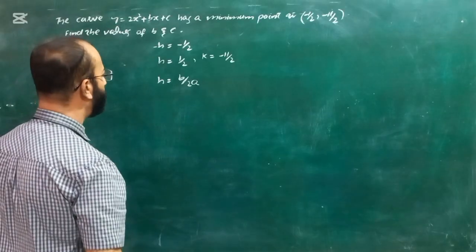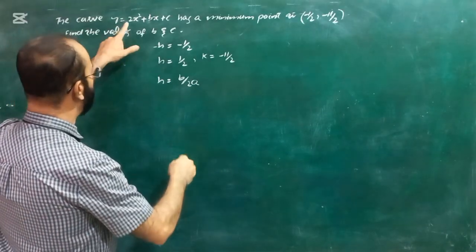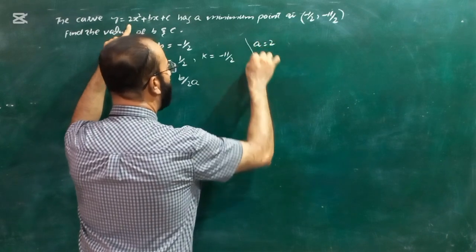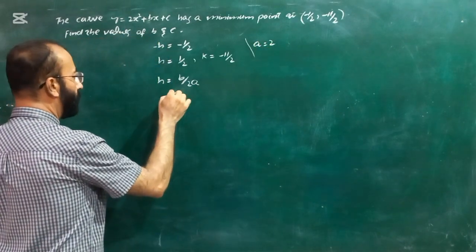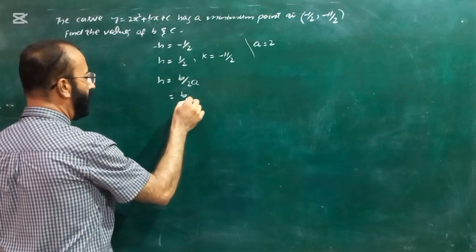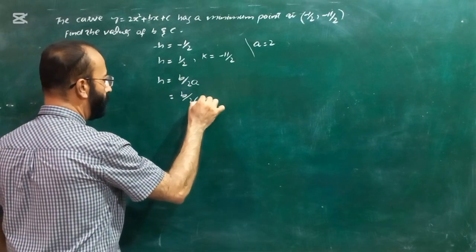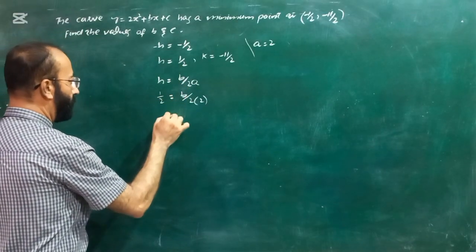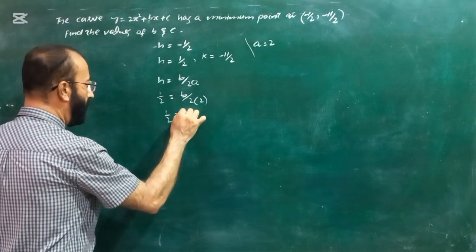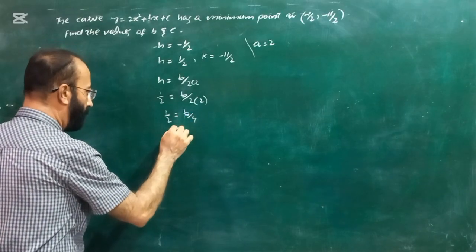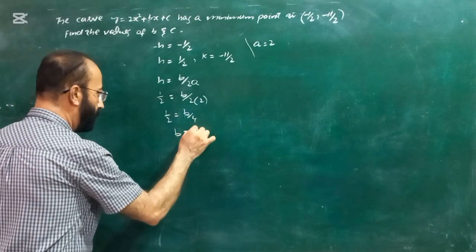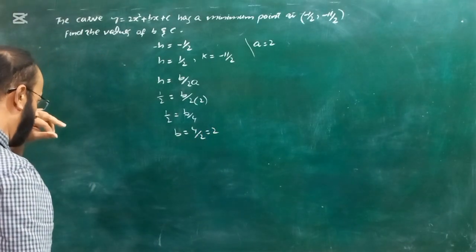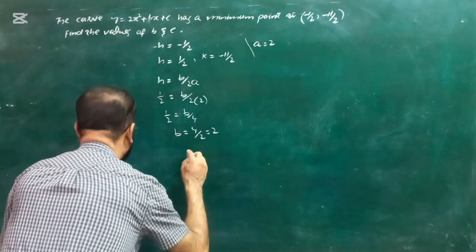Because a is 2, we put the value over here. So it will become b over 2 into 2, and h is 1 by 2. So 1 by 2 is equal to b over 4, and from here b will be equal to 4 by 2. So b's value is 2.